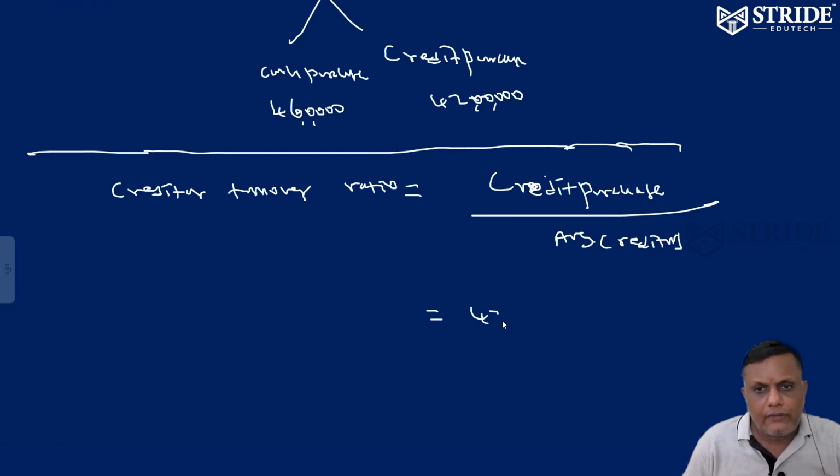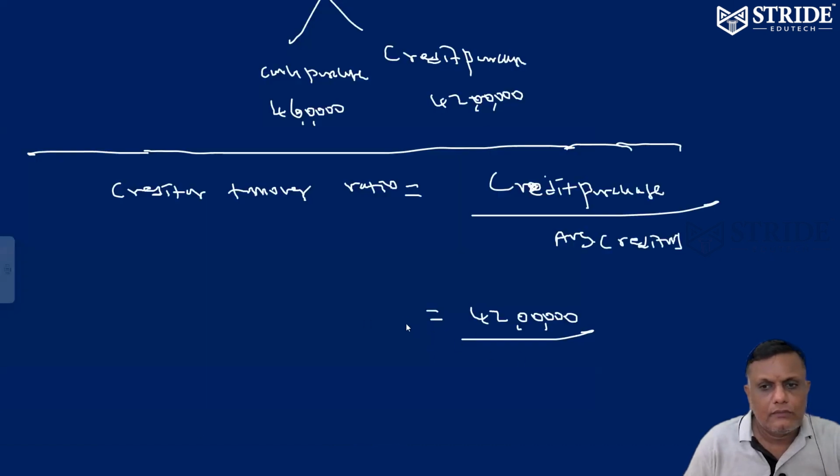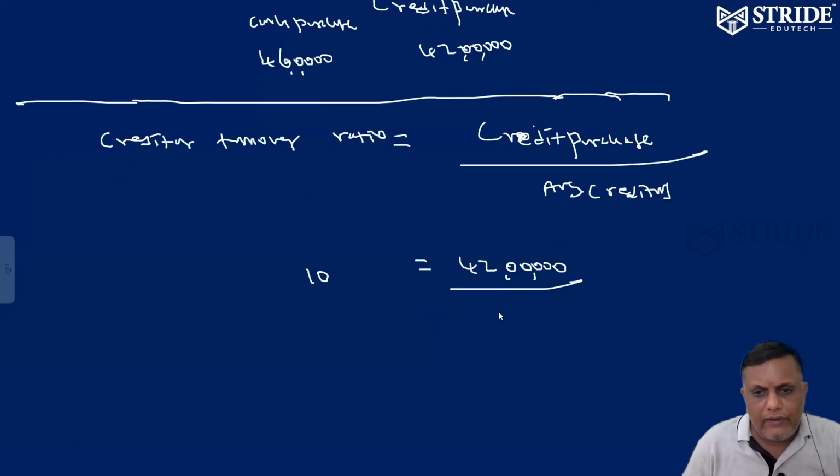Credit purchase is 42 lakhs. Creditor turnover ratio is 10 times. What is missing? Average creditors is missing.